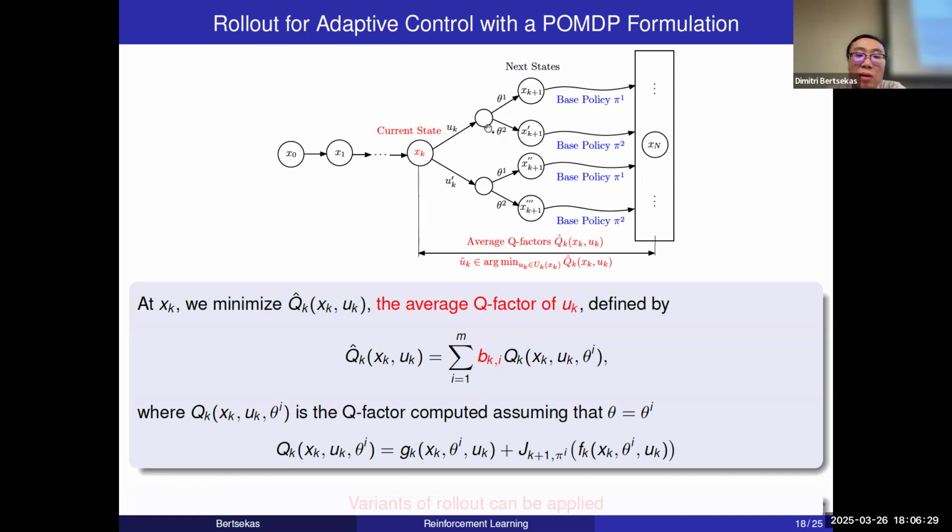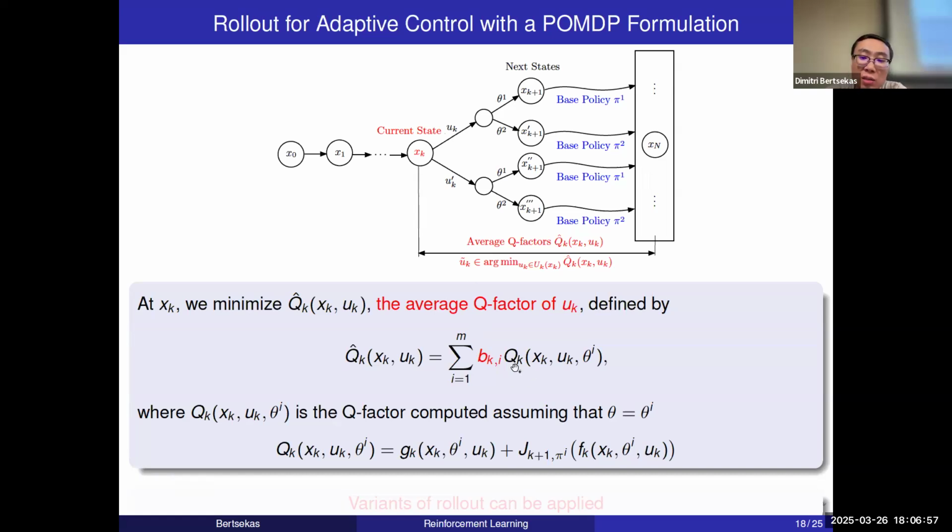And similarly, for theta equal to theta 2, we apply the base policy tailored for theta 2 and run a trajectory. Let's assume this one has a 70% chance of being the true theta, and this one has a 30% chance of being the true theta, given our current belief.